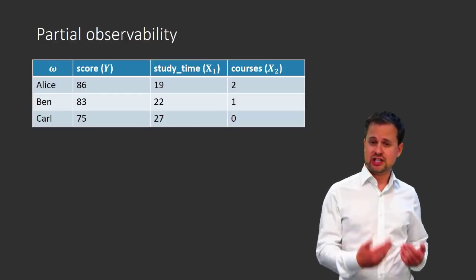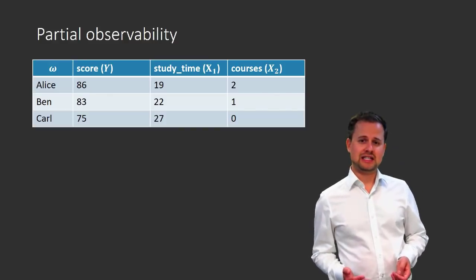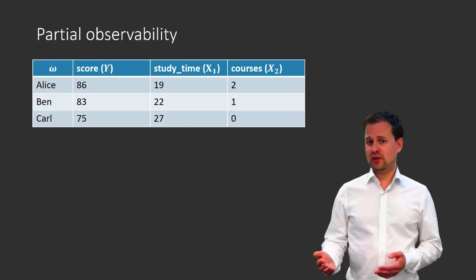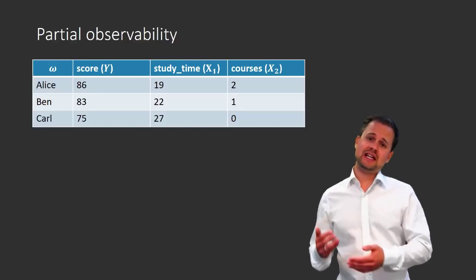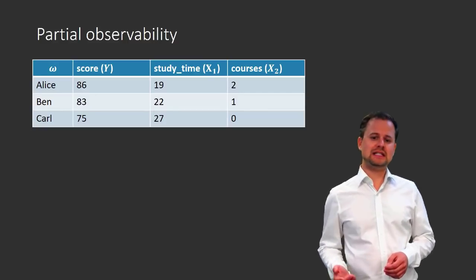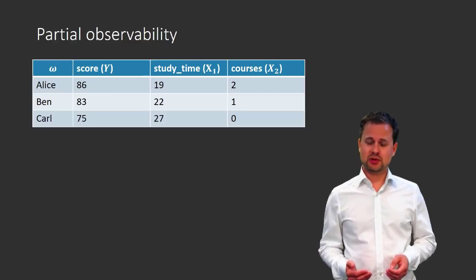Before she enrolled into the econometrics class, she had already taken 2 statistics classes, and that is very powerful because we know that for every statistics class that you have taken, you receive 15 points on the econometrics exam. And Ben has taken only 1 statistics class, and Carl has no prior training whatsoever.